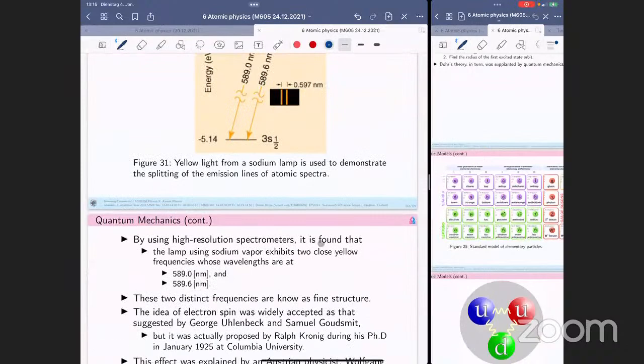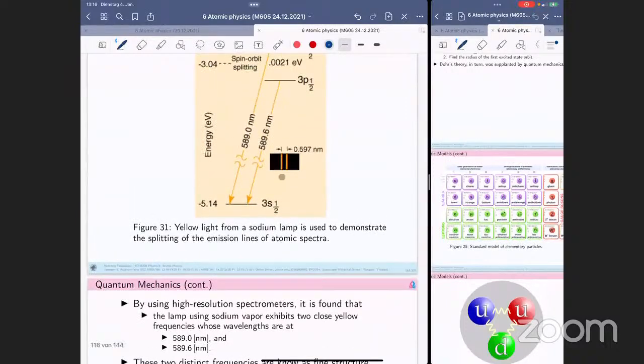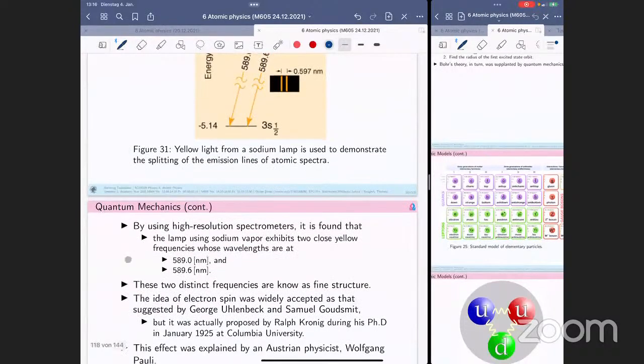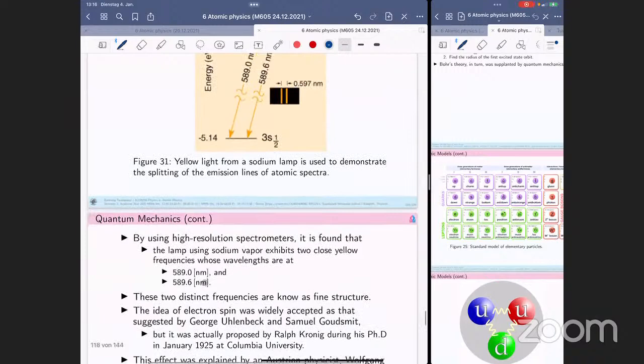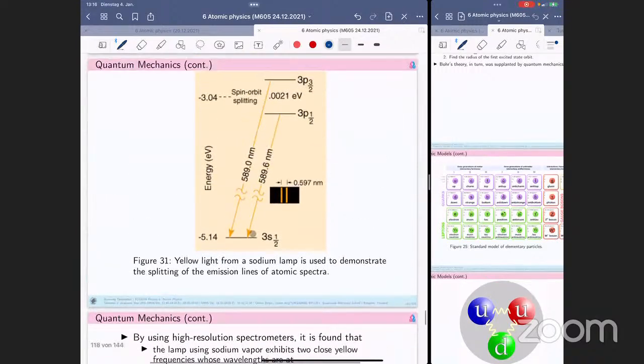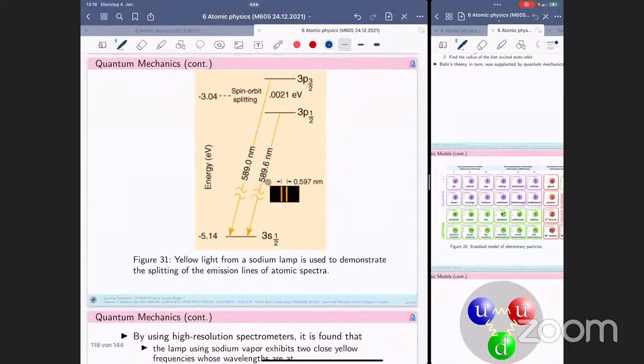By using high resolution spectrometers, we found that the yellow light emits two wavelengths. The first one is 589, and the second 589.6, a little bit greater. The larger the wavelength, the lower the energy, so the energy difference here is smaller than this one.